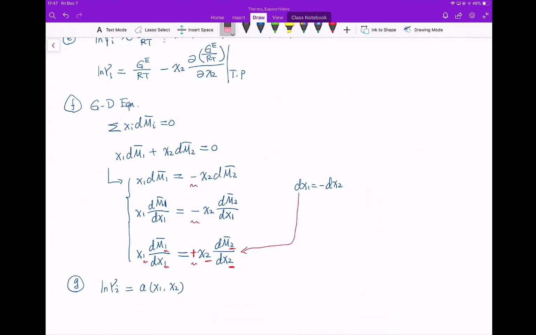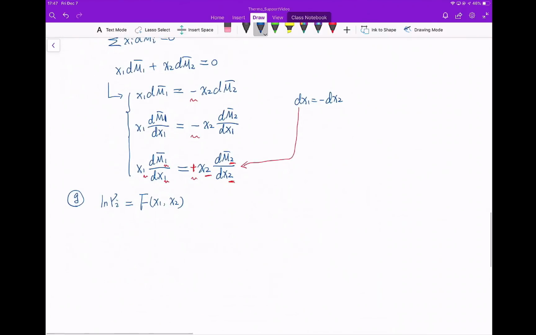Right? Call this a function, like the Van Laar equation and all other developments, and we can go from there. So this is the general set of equations or the discussions we have had.